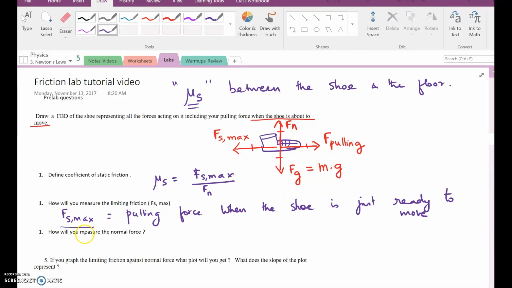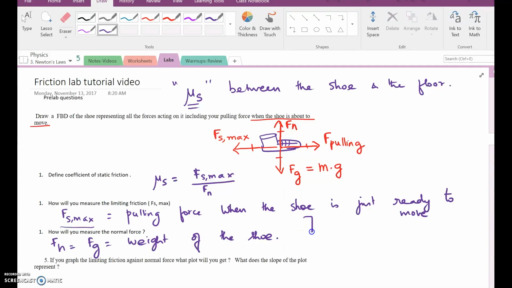So how will we measure the normal force? Take a minute to think. So the normal force is equal to the force of gravity. That means if you measure the force of gravity, which is the weight of the shoe, then you can measure the normal force. So you can measure the weight of the shoe simply by holding it up using a spring scale.